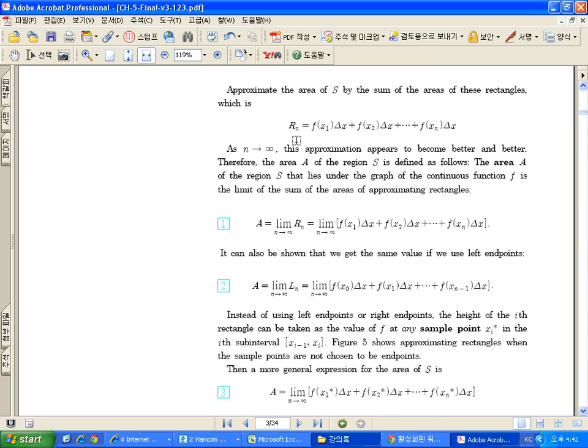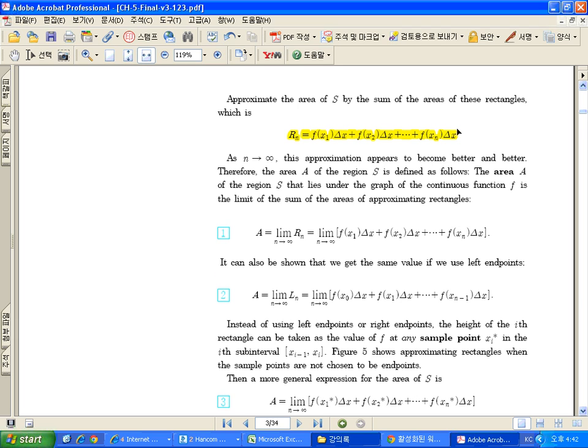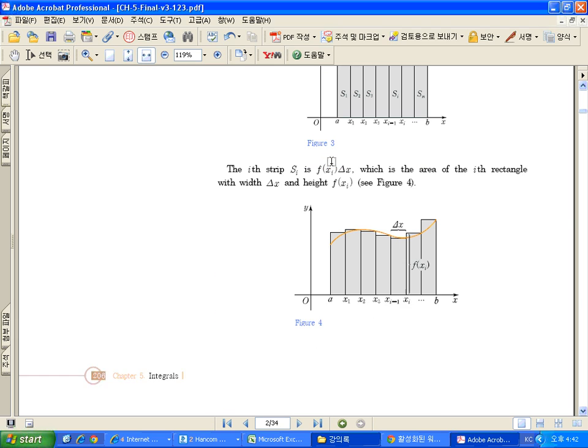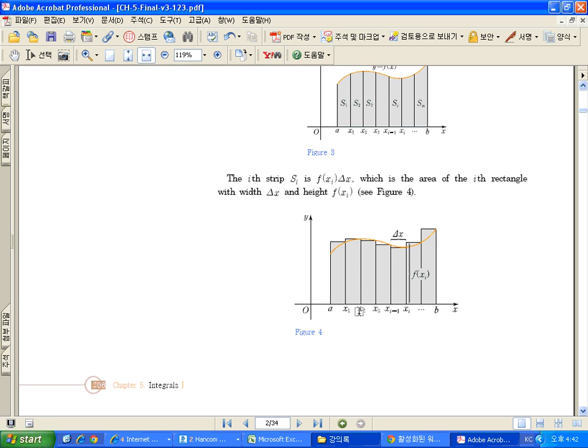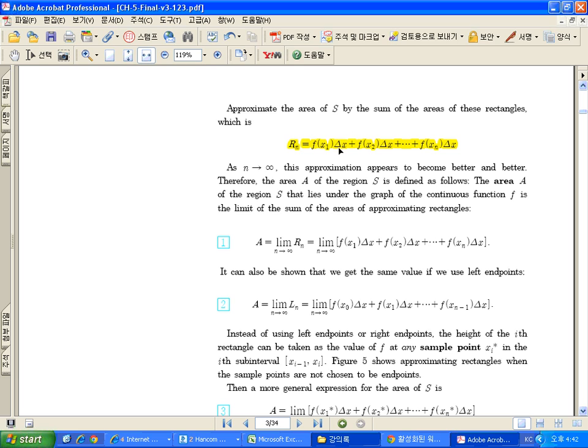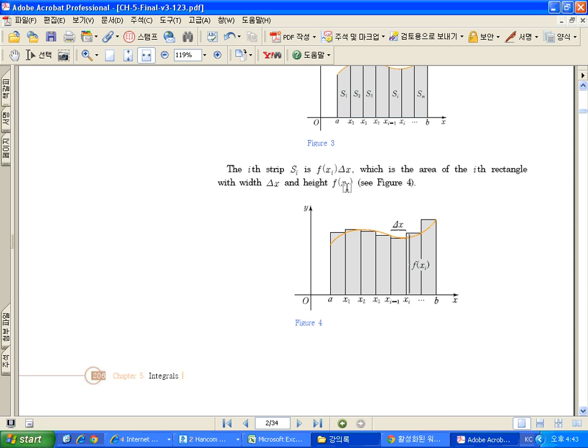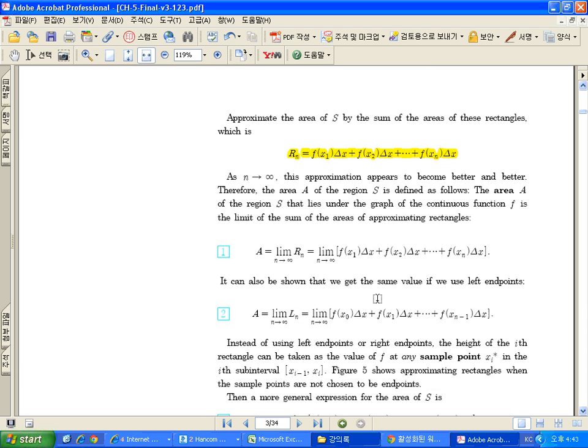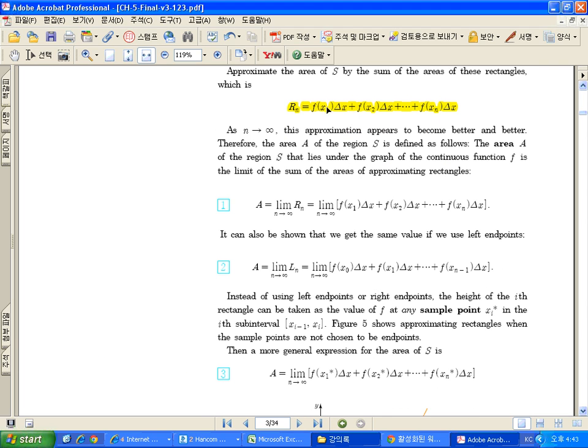So the region R_n can be found with the heights f of x1, f of x2, and f of x3, with the distance delta x, which is equally divided. So the base of each of these rectangles is delta x. You just find the area of each rectangle with height times base.